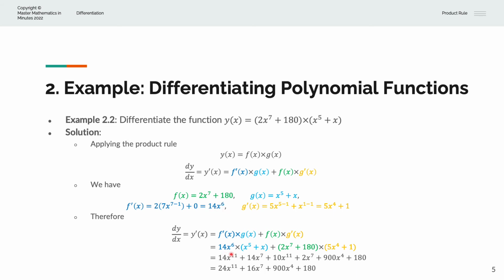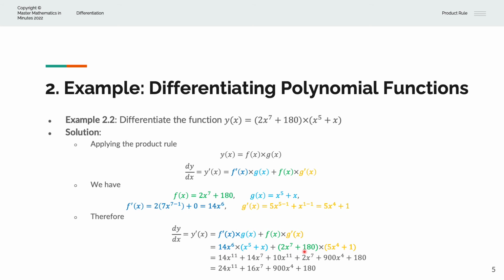With g(x), we'll write that as x to the power of 5 plus x. And with f(x), we'll write that as 2 times x to the power of 7 plus 180. And g prime of x is 5 times x to the power of 4 plus 1. So all we've done here is to pull in what we've calculated at the top and apply that equation.